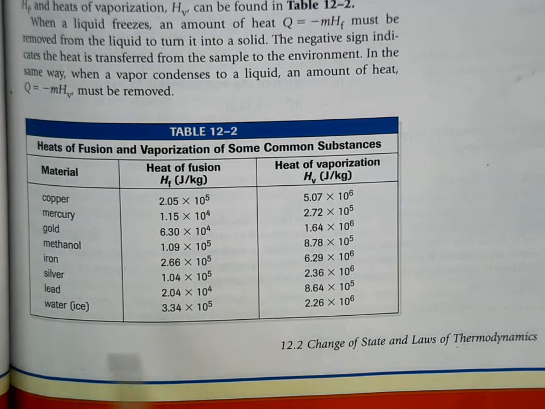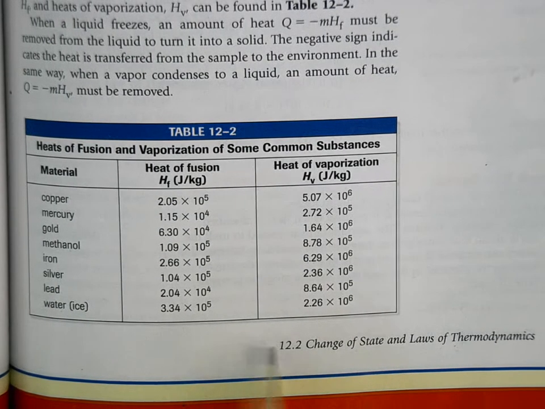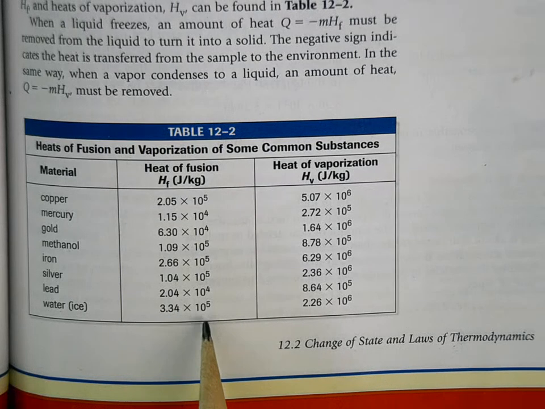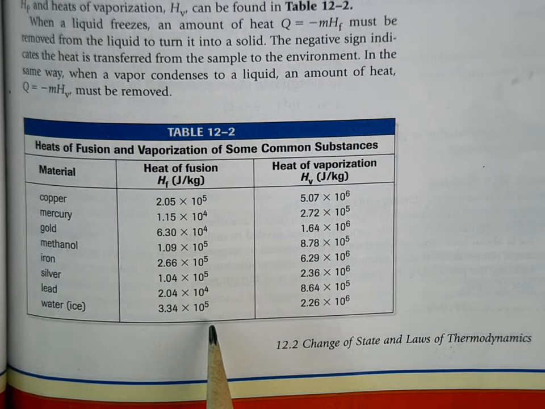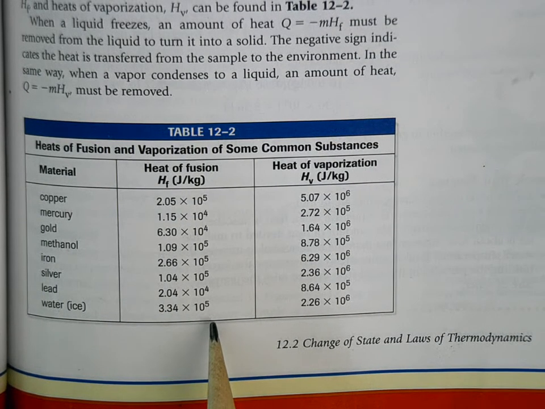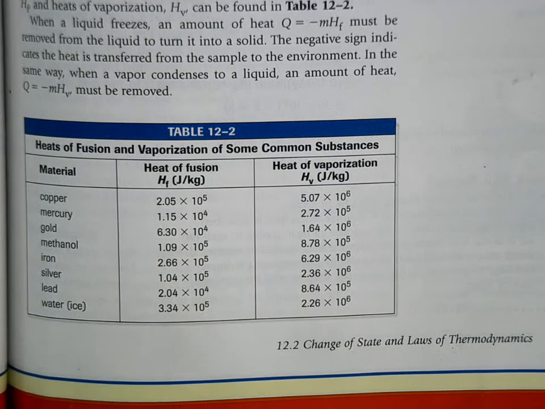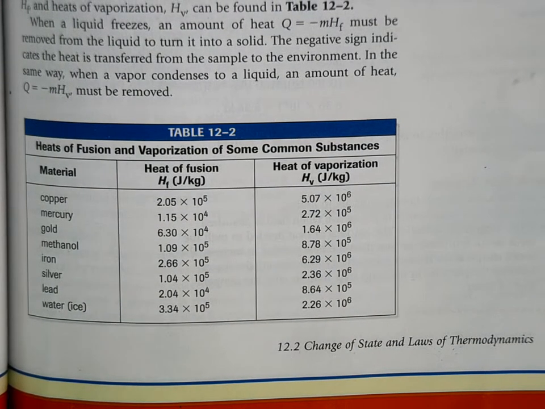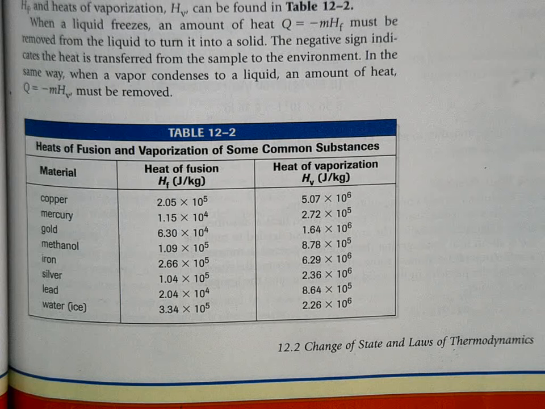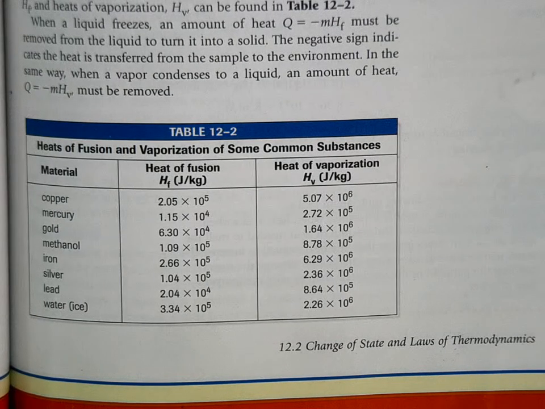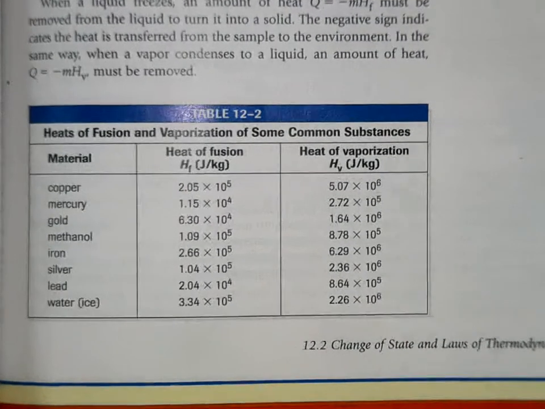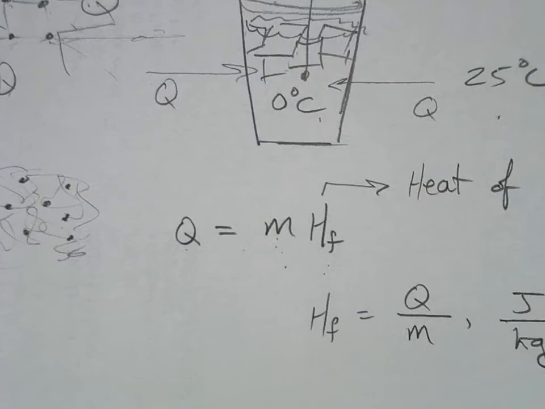Look how much energy it takes. 3.34 times 10 to the 5 joules of energy to melt 1 kilogram of ice. That's a lot of energy. It takes a huge amount of energy to melt ice. Or you have to release a huge amount of energy to freeze.